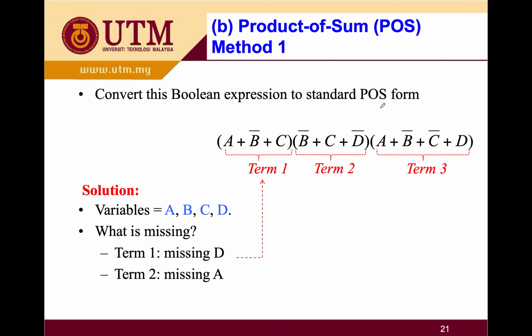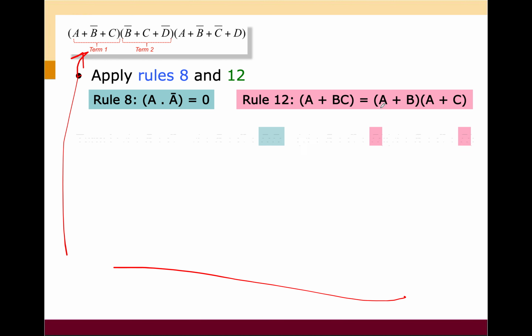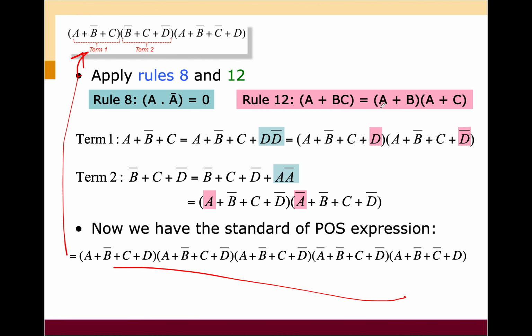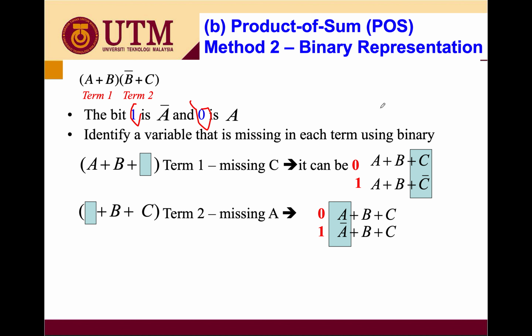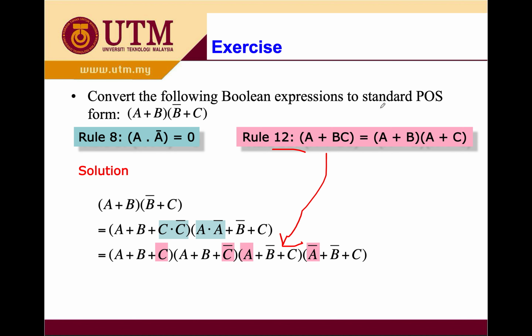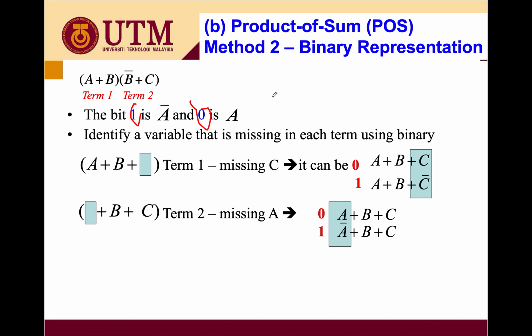Okay. Wait, not yet reached. Okay, this is the exercise that you already did. And go back to this slide over here. You know A bar will be 1 and A equal to 0.